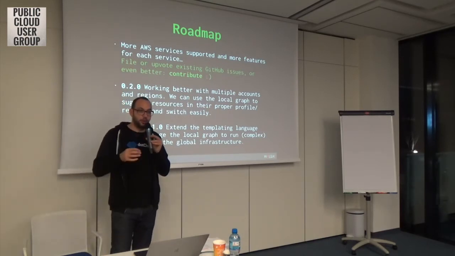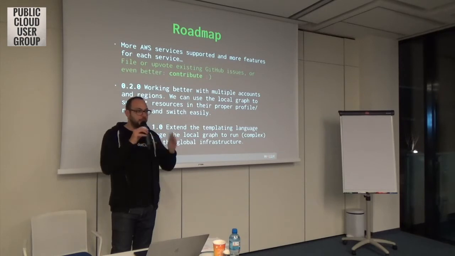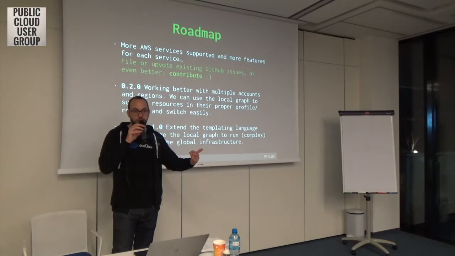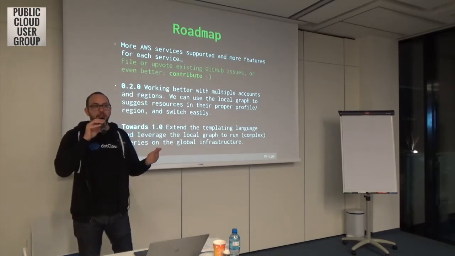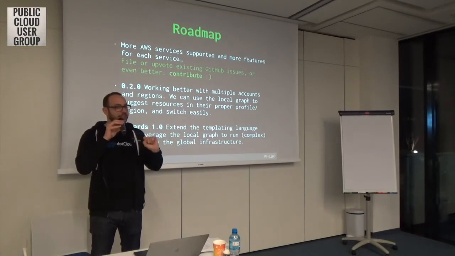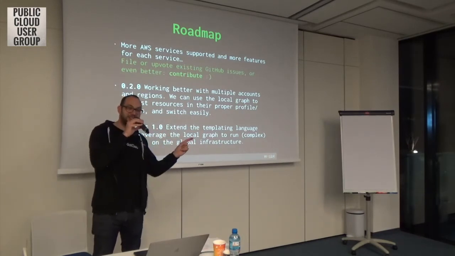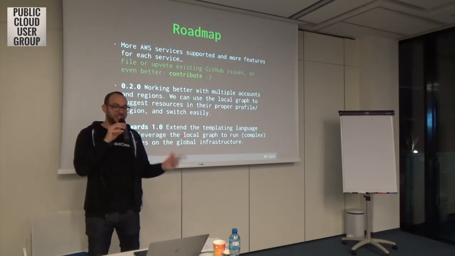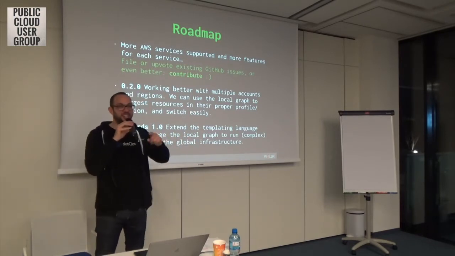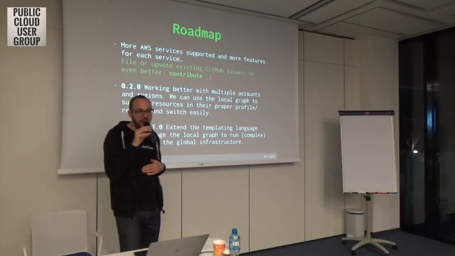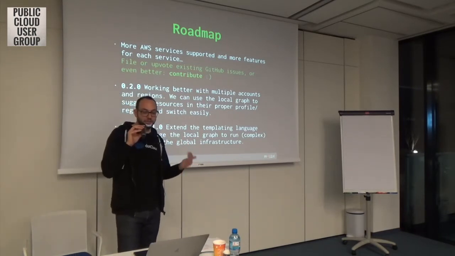For instance, if you are looking for an instance that is not in your current region, instead of saying not found, it will tell you, this instance does not exist in this region, but we have one in that region. Do you want to switch? If you want to switch, type awless switch that region and then issue your command again. And we can do the same for multiple accounts.